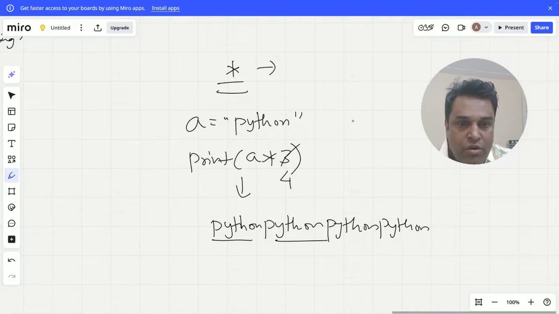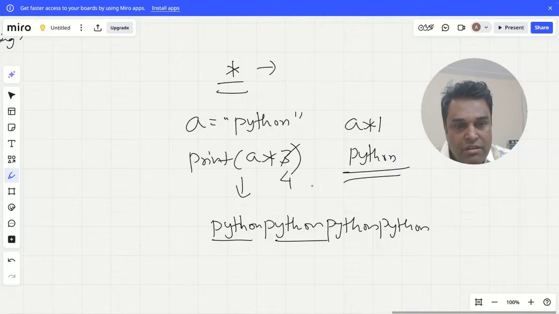If I say only a star 1, it will not make any difference. It will be the same Python, so it will just print the same thing. So that is how the star character is used for replicating the string.